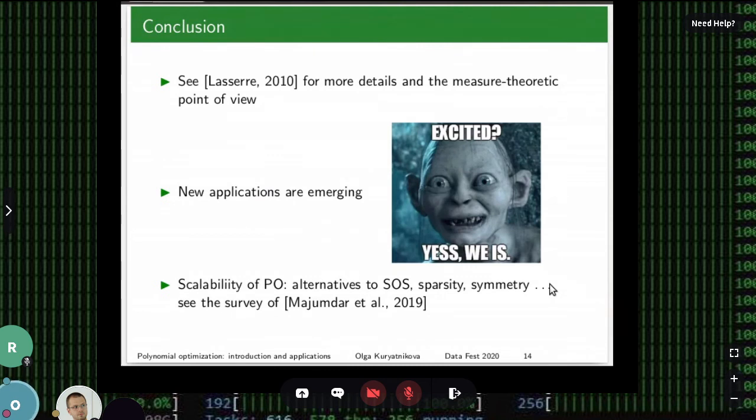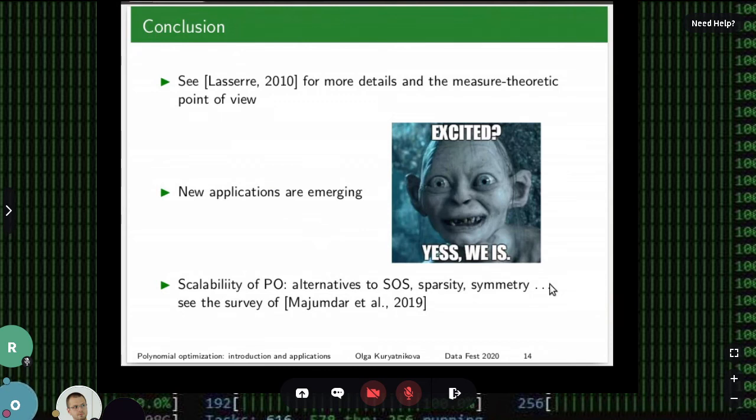In this work, I have told you mostly about the relation between polynomial optimization, non-negative polynomials, and sums of squares. However, there is another angle from which you can look at this problem: the relation between non-negative polynomials and measures and generalized moment problems. Basically, a polynomial optimization problem is equivalent to a generalized moment problem.